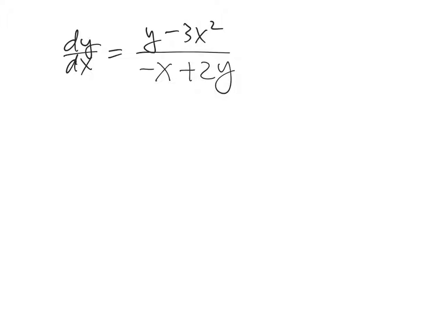A lot of times, especially in textbooks, they like to put the positive terms first. It doesn't really matter, you get the same answer either way. Now this would be dy by dx, and to find the slope of the tangent line at that particular point, we need to plug in -1 for x and 2 for y.